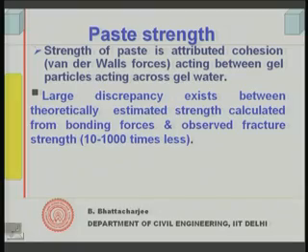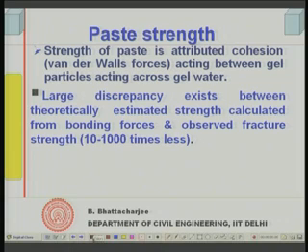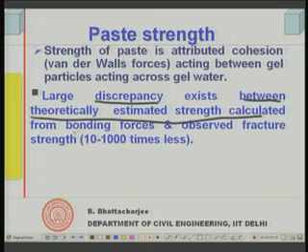Now, if I try to do that for cement paste, what I will observe is that there is a large discrepancy between the theoretically estimated strength calculated from bonding forces and the observed fracture strength. It can be 10 to 1000 times less. This has been observed.